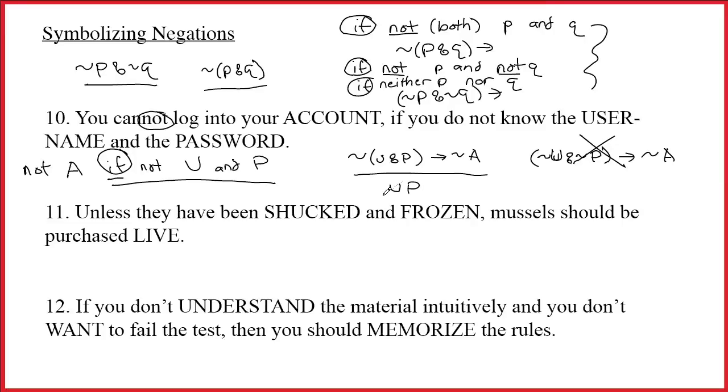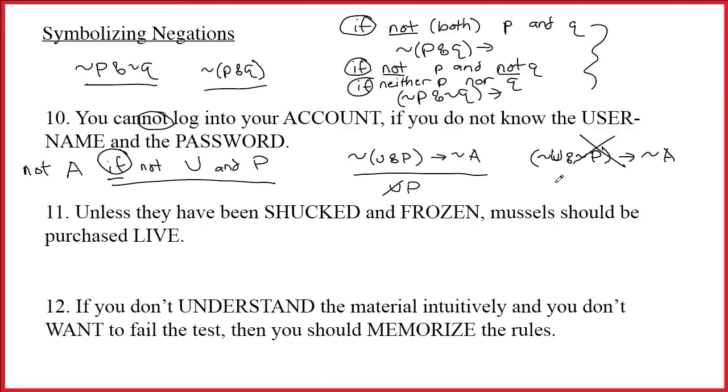So if I take away even one of them, then you can't log into your account. If you don't have your username, but you do have your password, well, that's not enough to get you into your account. You have to have both of them to log in. So if there's even one that you don't have, then you can't log into your account.